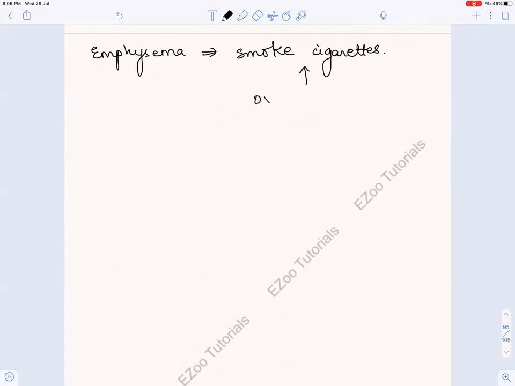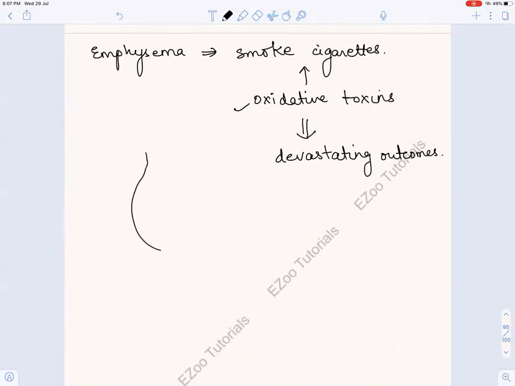It contains oxidative toxins, and these oxidative toxins can have devastating effects, devastating outcomes. And that's why it is said even passive smoking is bad, because we are inhaling oxidative toxins.